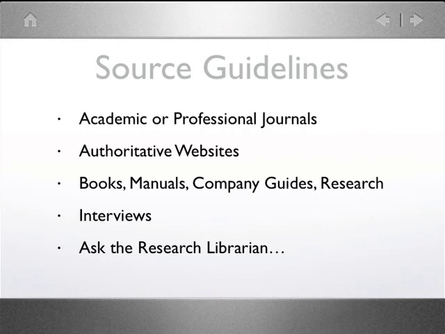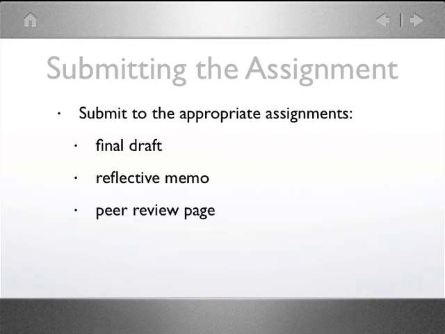Books, manuals, company guides, research that's valuable, interviews perhaps. You can even ask a research librarian, and definitely ask the research librarian at the library if you're having difficulty coming up with additional sources. If you had problems with Module 2 coming up with that 10 to 12, you might want to take that extra step and talk to a research librarian.